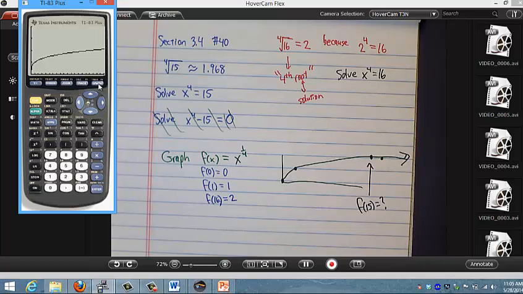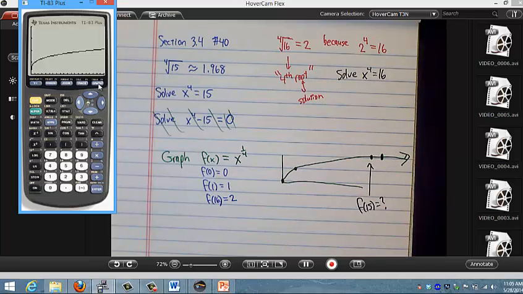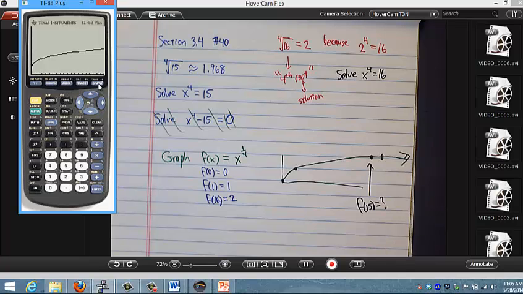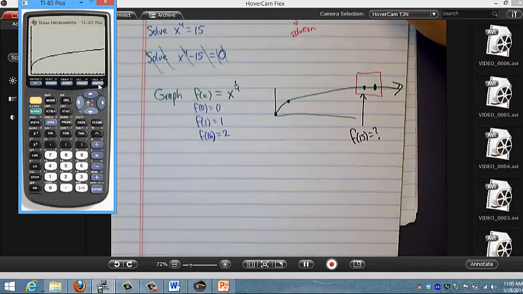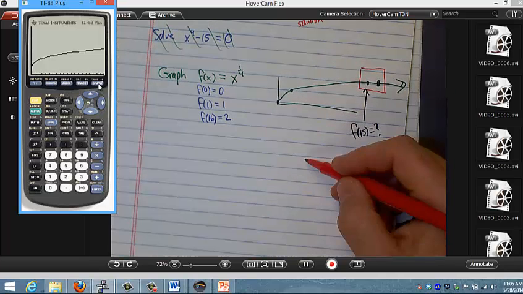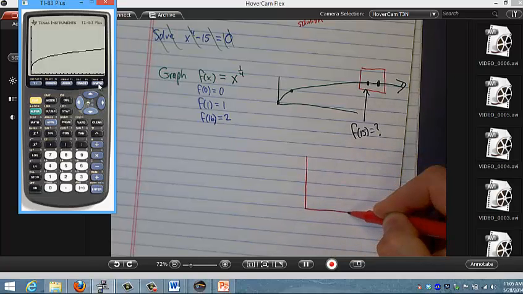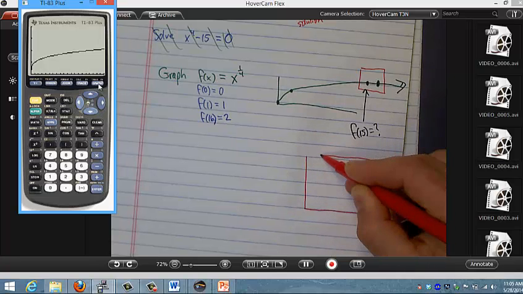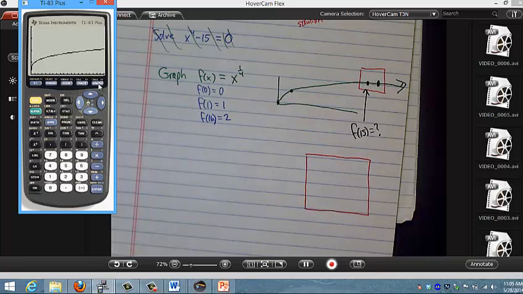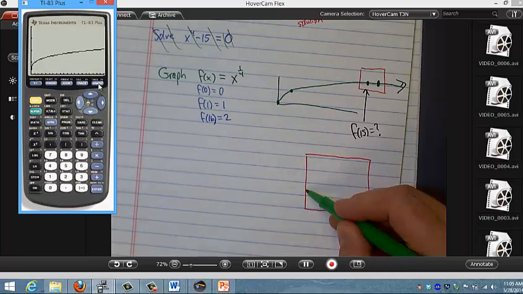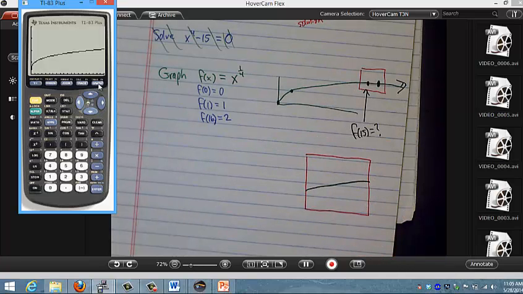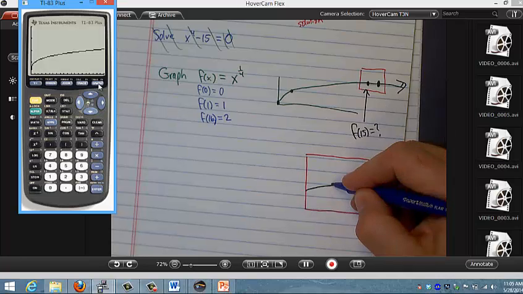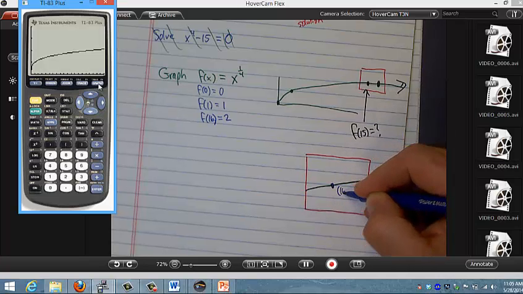Boy, the green and the black look almost alike, I notice. All right, so again, I'm going to zoom in on this picture a little bit to try to draw what's going on better. Here's the curve, increasing. Here's the point 16, 2.